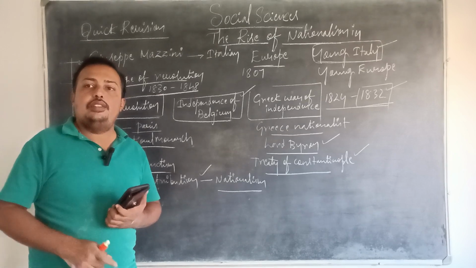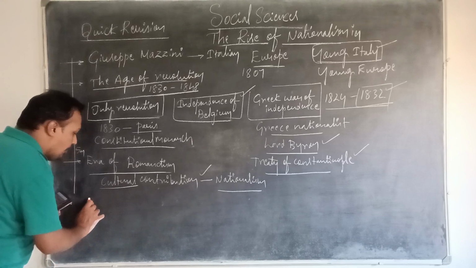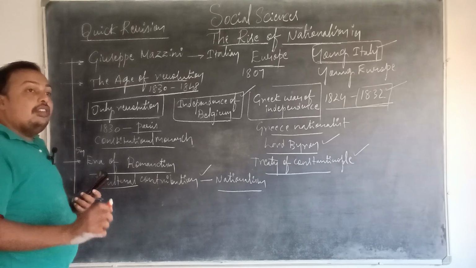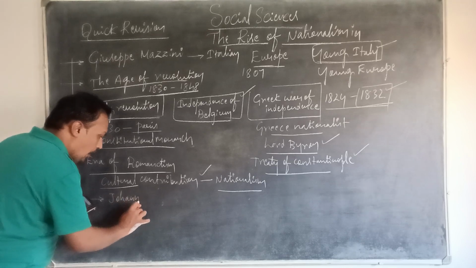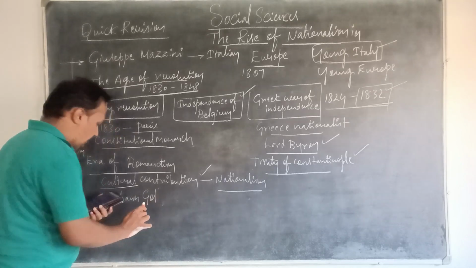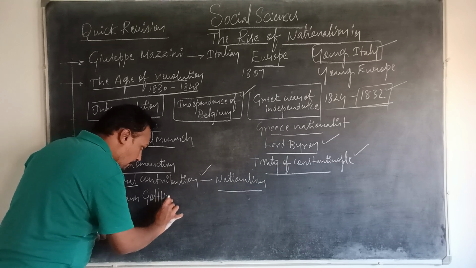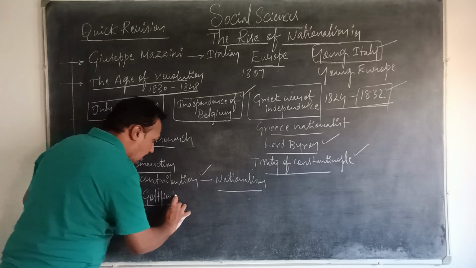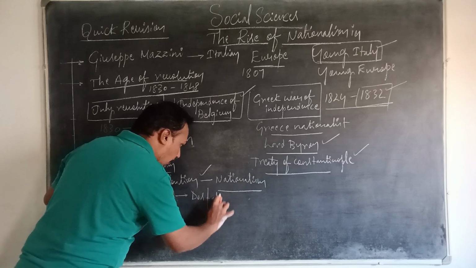Johann Gottfried Herder is very important. He is a German philosopher. This important term is Das Volk.